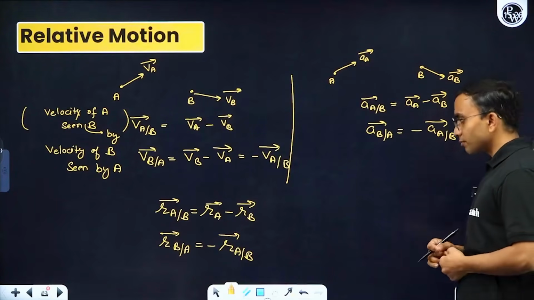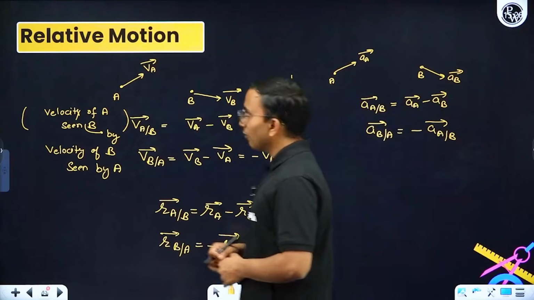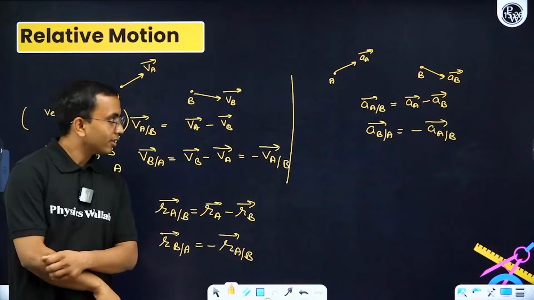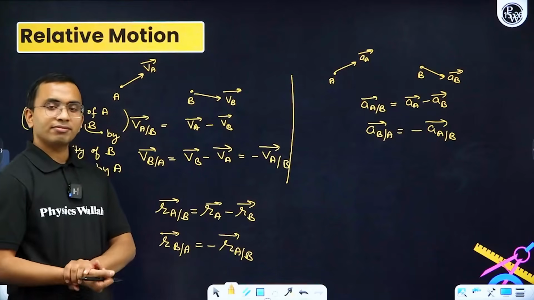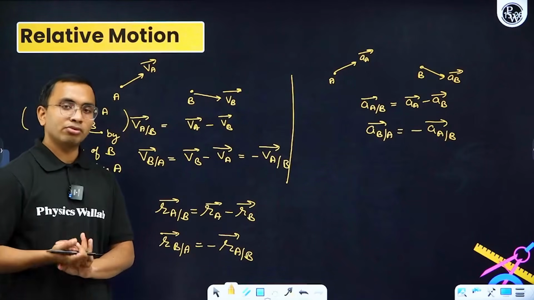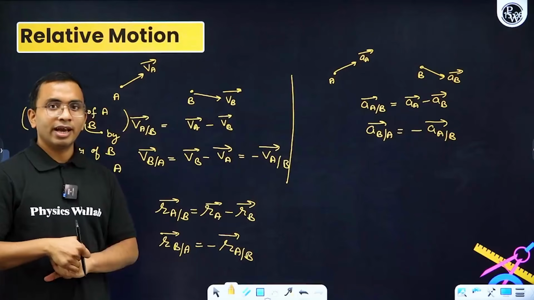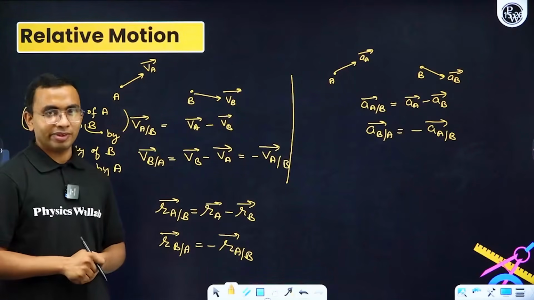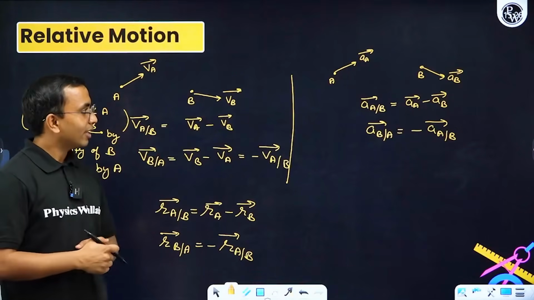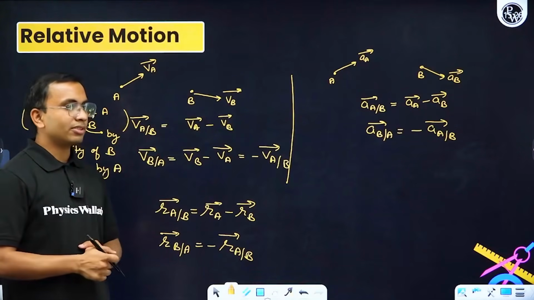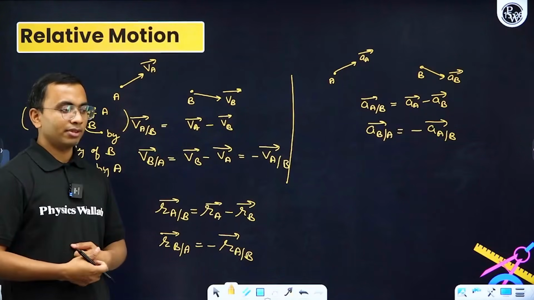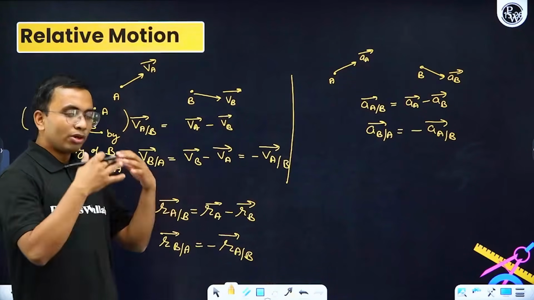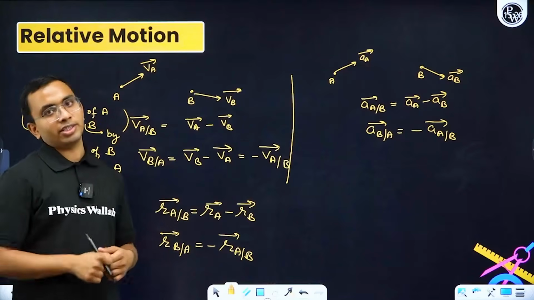Why is this relative concept used? It helps to solve many questions very easily as compared to using the ground frame of reference. We will see some questions like that. Sometimes we have to analyze, let us take, you are observing a motion but you are not stationary.